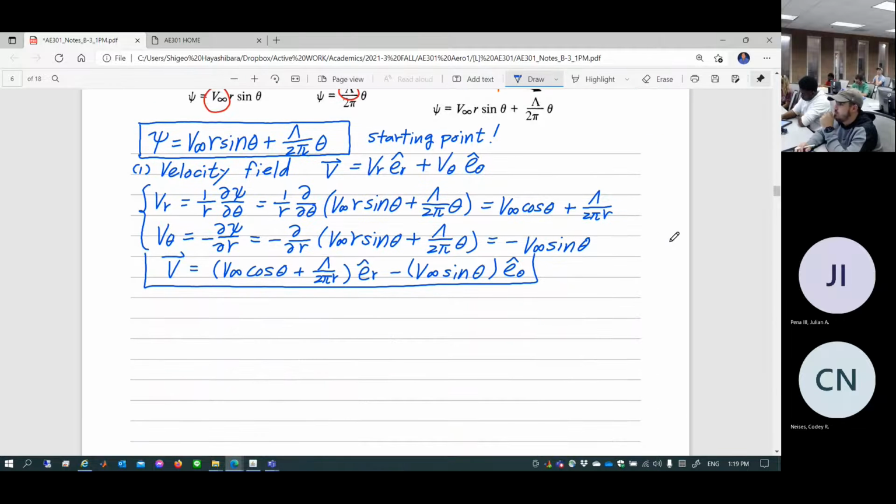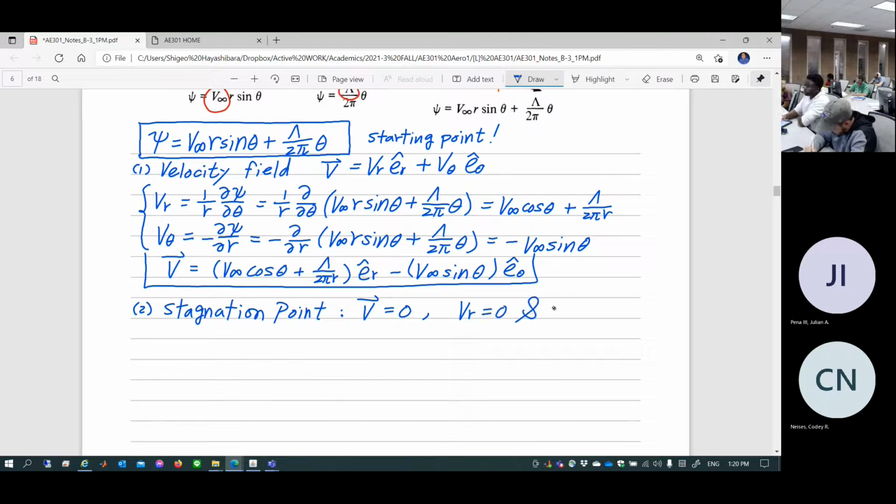So let's find out what the stagnation point is. That's the second step. What's the definition of it? Of course, velocity gets zero. Stagnation point is, by definition, where velocity becomes zero. That means both V_r is zero and V theta is zero.